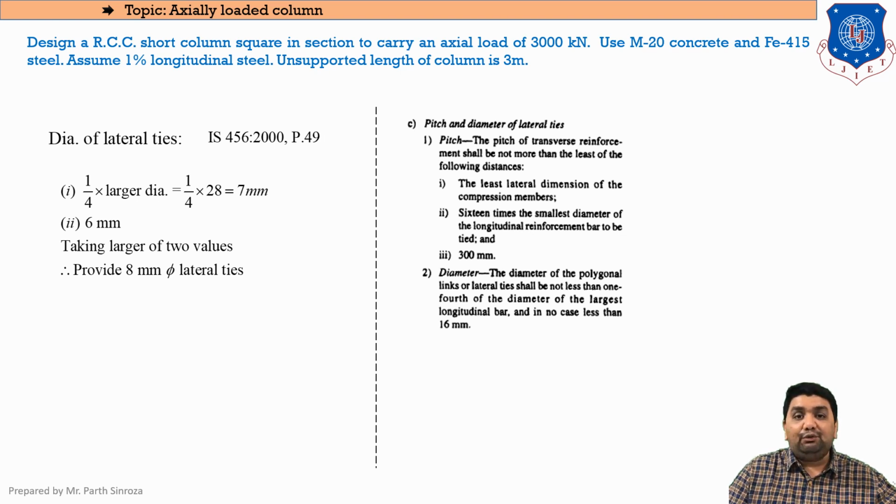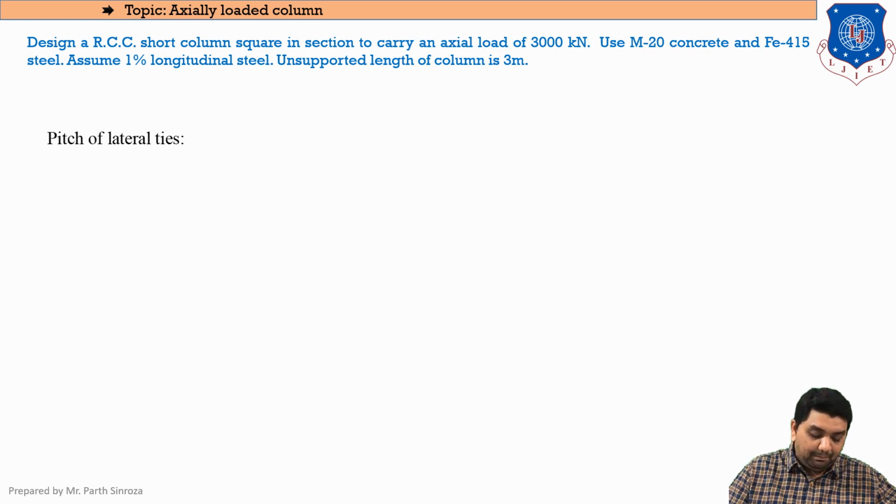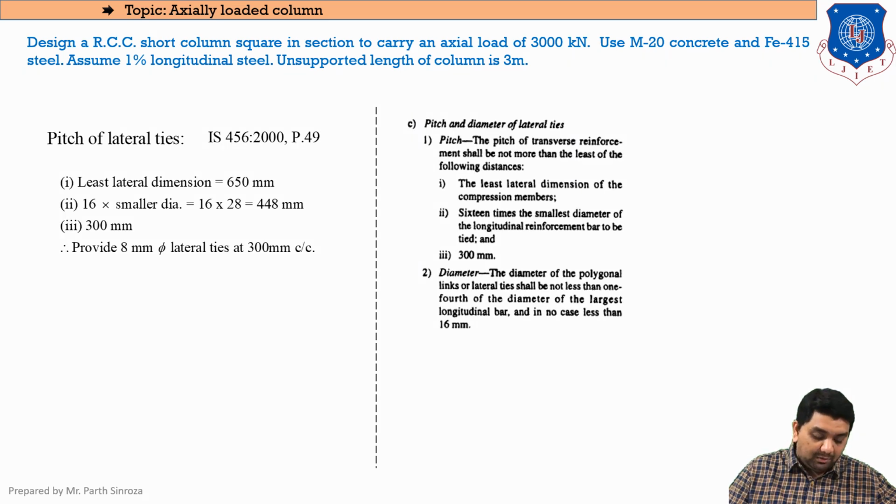And the next thing will be to find the pitch of the lateral ties. Again we'll be using the same equation. Here three cases are mentioned. First is the least lateral dimension. As it is a square column, both sides are of the same dimension, that is 650 mm, so the least value will also be 650 mm.